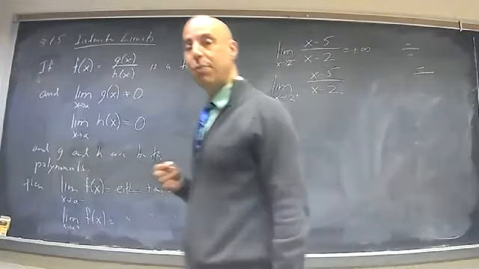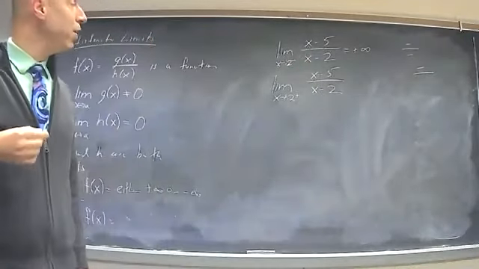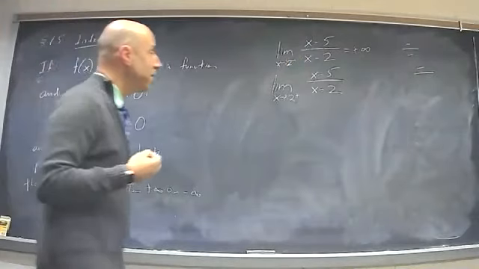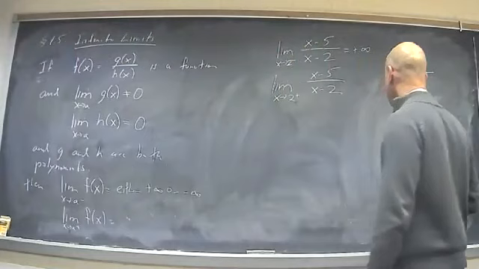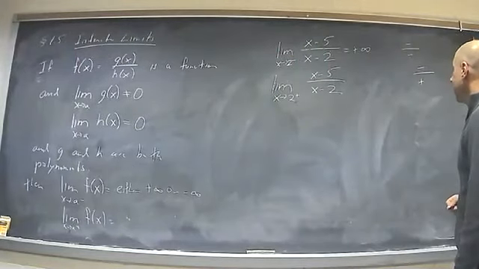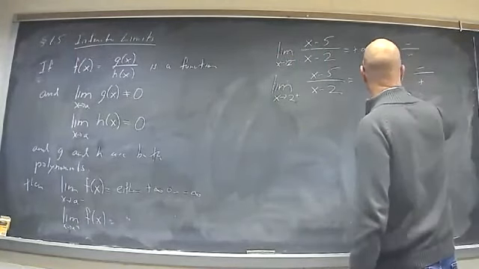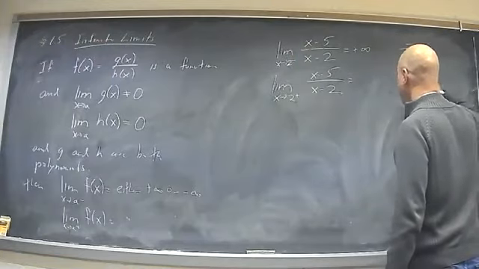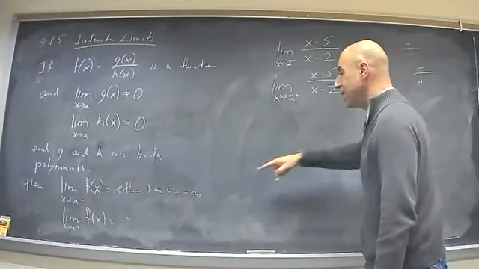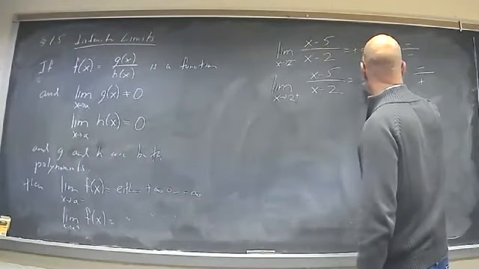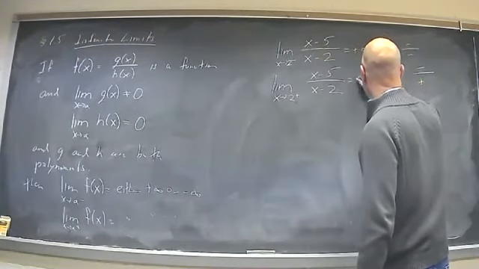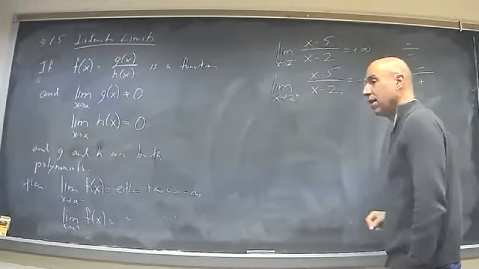And if I take a number a tiny bit bigger than 2 and subtract 2, this time I get a positive number. And so negative divided by positive is negative. There's only 2 possibilities because the top wasn't going to 0 and the bottom was. So negative divided by positive is negative. This is negative infinity.